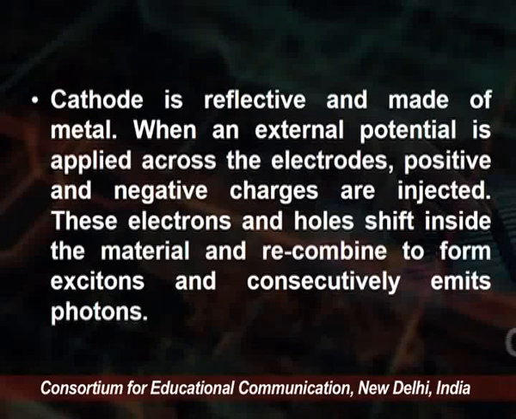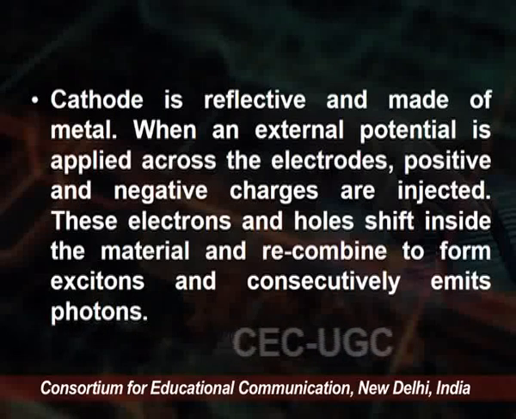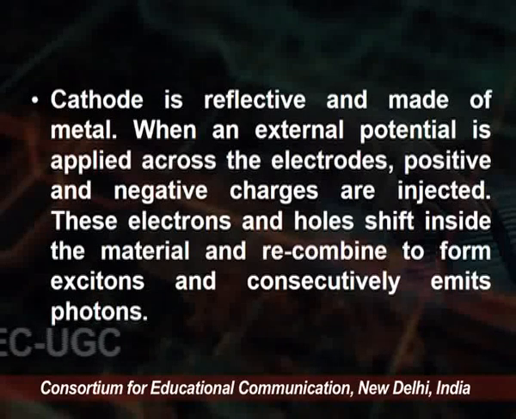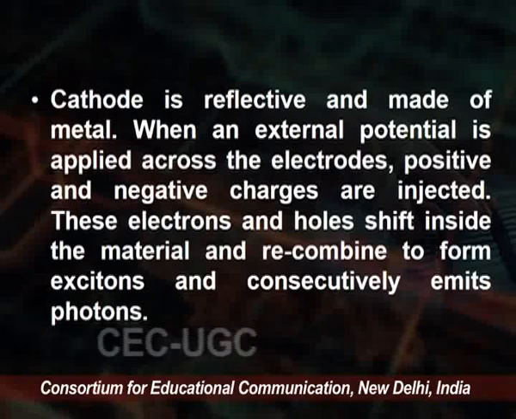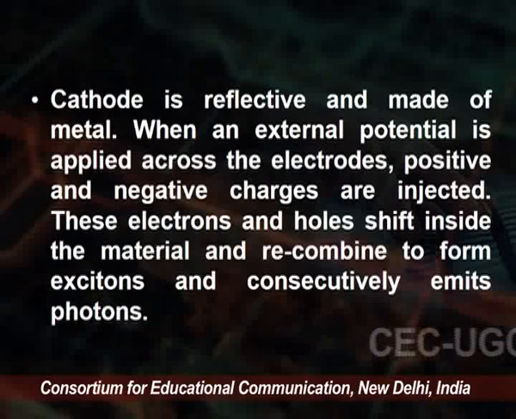These electrons and holes shift inside the material, and then recombination takes place, forming excitons, which consecutively emit photons, and in this manner we get light.